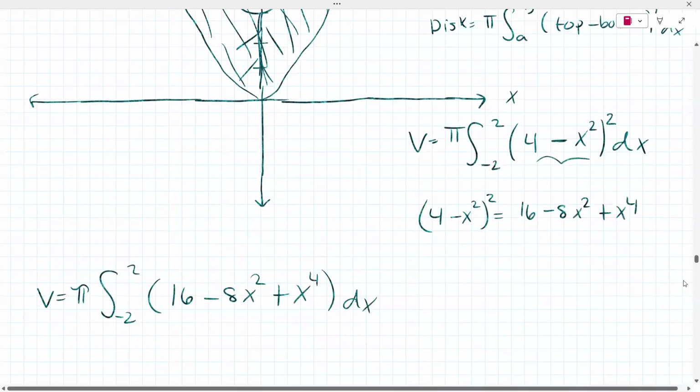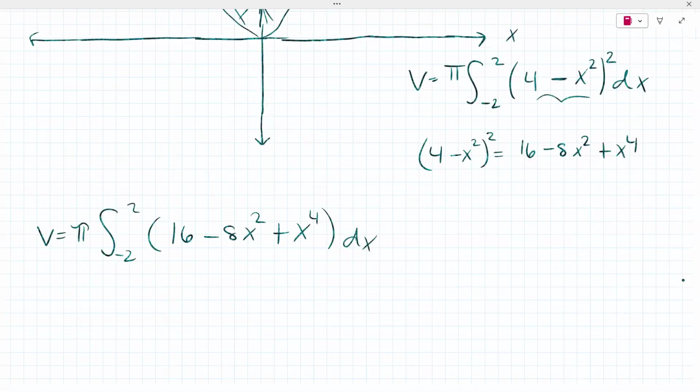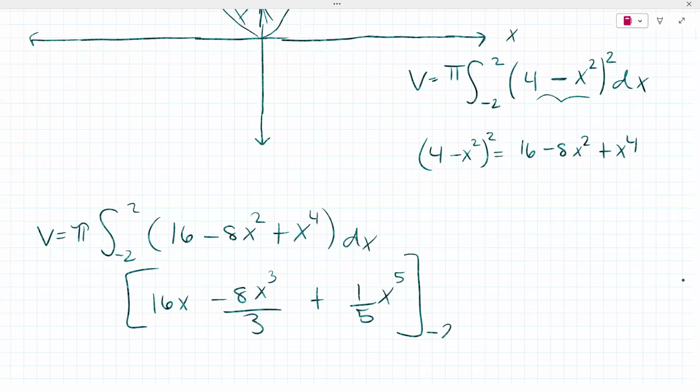Okay, now we can start taking the integration of each term. The integral of 16 is 16x. The integral of -8x squared is -8x cubed over 3. The integral of x to the 4th is 1/5 x to the 5th. And then our boundary is from -2 to +2.